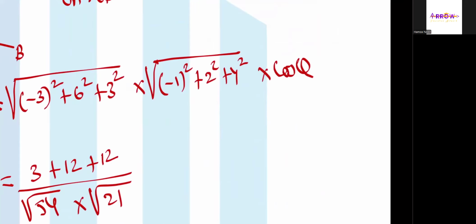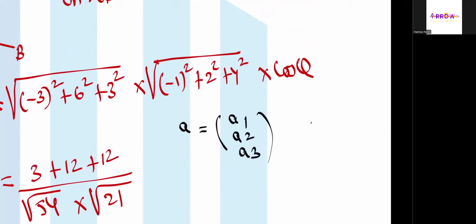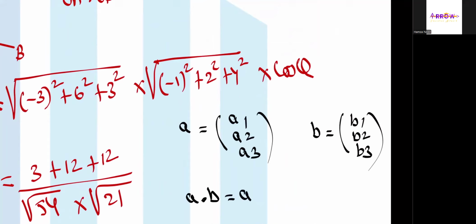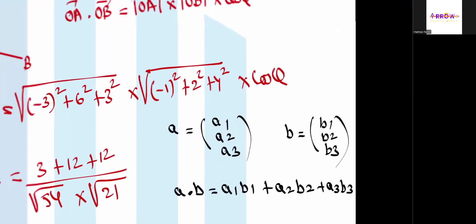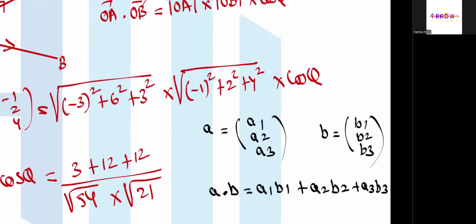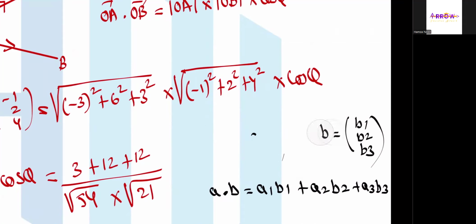So if you have a vector a, which is, let's say, a1, a2, a3, and vector b is b1, b2, b3, then to find the scalar product a dot b, the i components are multiplied together, a1 b1, plus the j components, a2 b2, plus the k components, a3 b3. In this way, you find the value of the scalar product. I hope you have covered this in the basic concepts before attempting past paper questions.